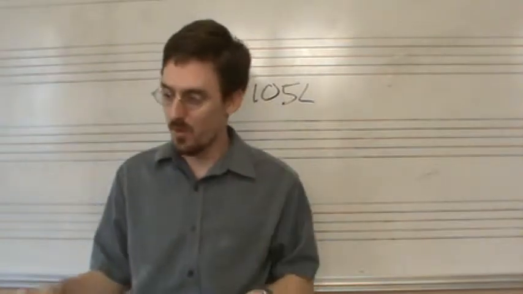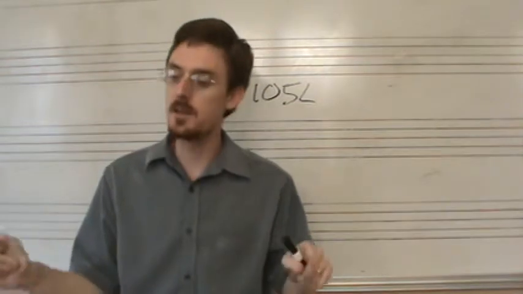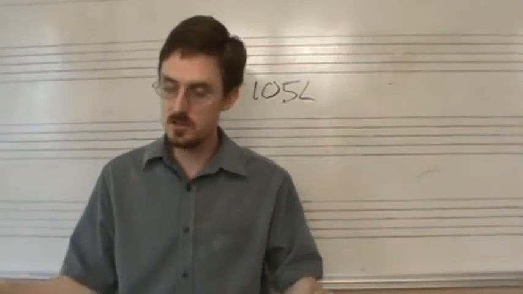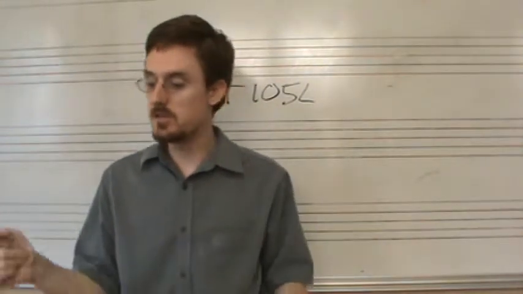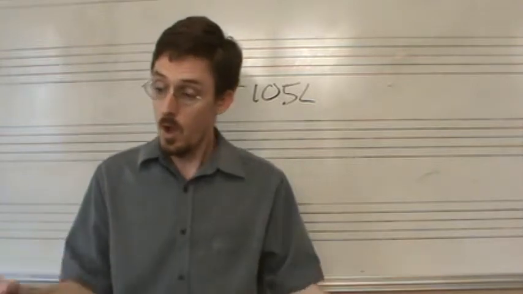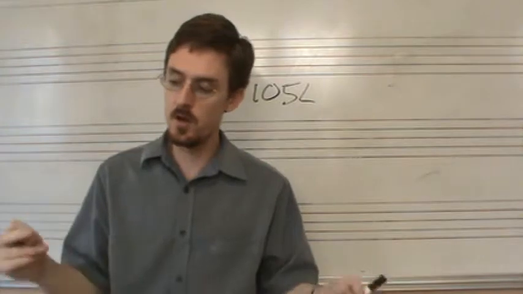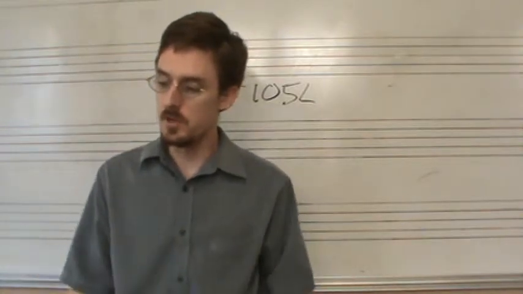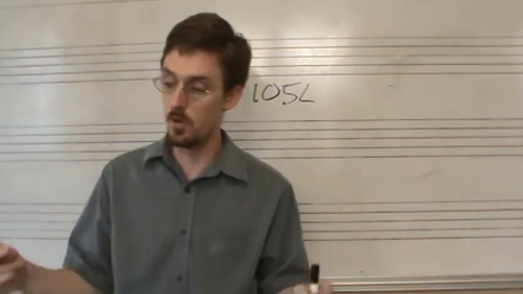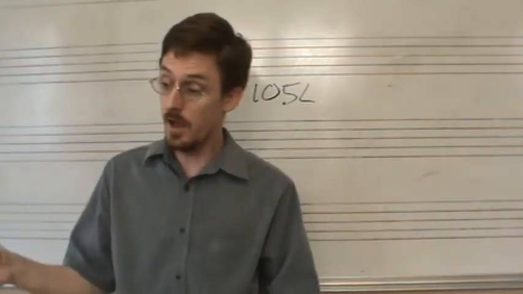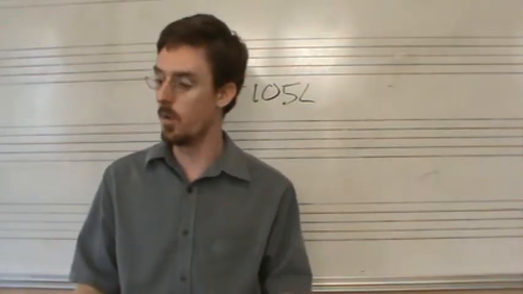Excuse me, that's the wrong one. 1 and 2 and 1 e and 2 e and do, mi, sol, do, re, do, ti, la, sol, fa, mi, re, mi, sol, do, mi, sol, do, re, do, ti, la, sol, fa, mi, re, do.